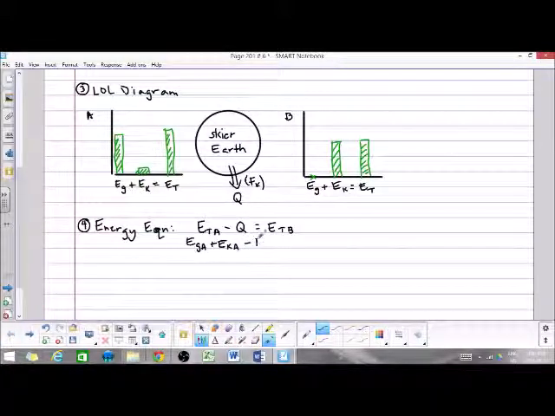The thermal energy is equal to the force of kinetic friction times delta D, and then at B we have only EK.